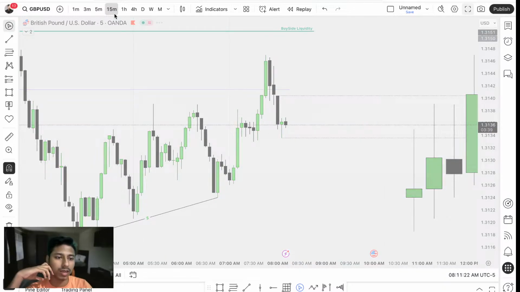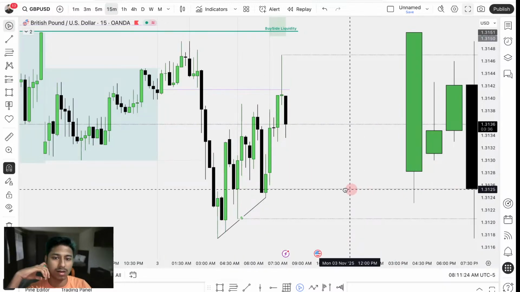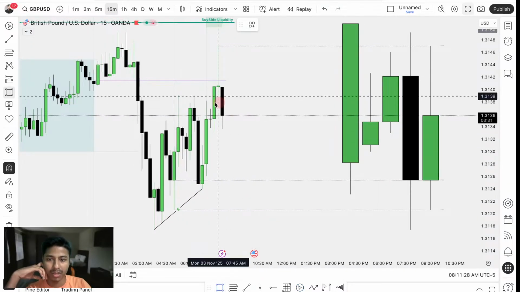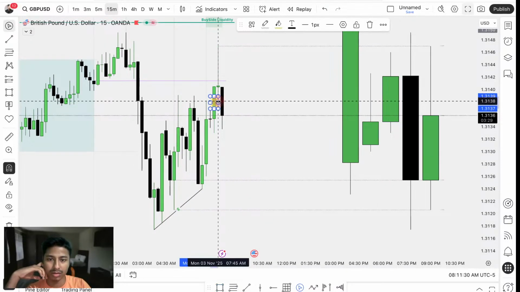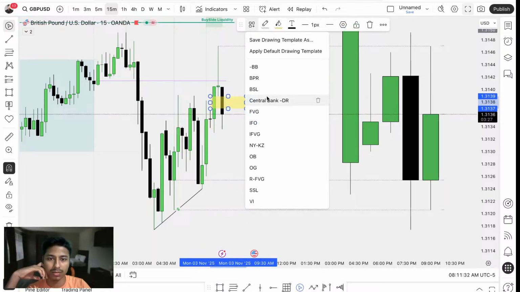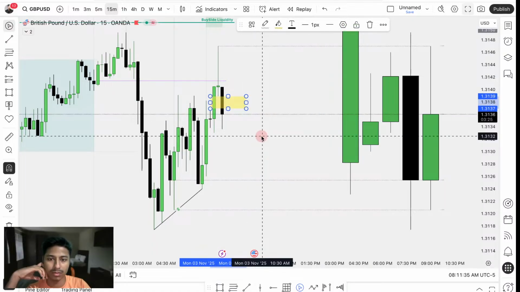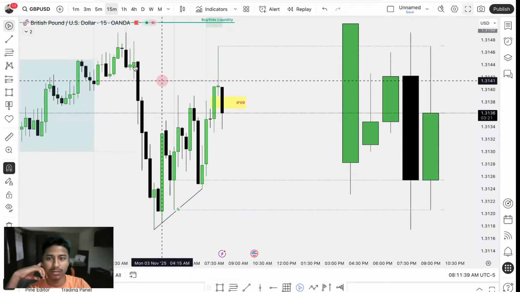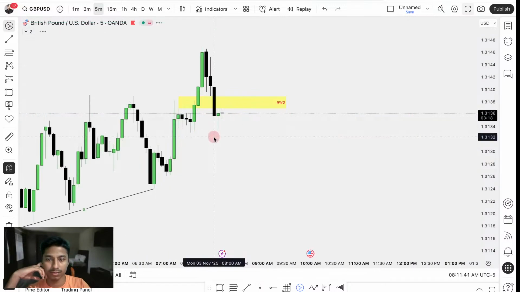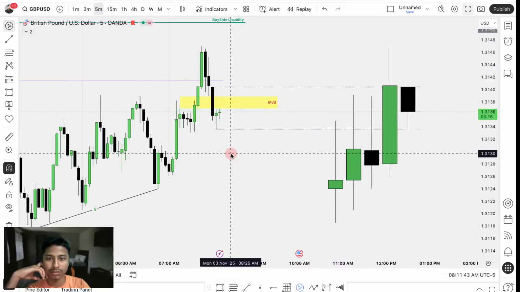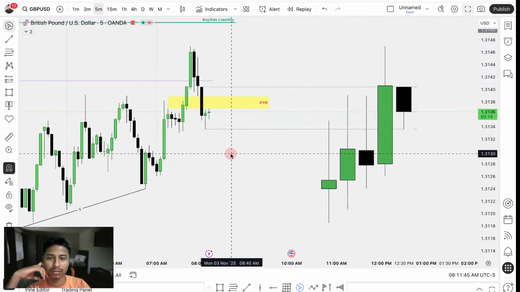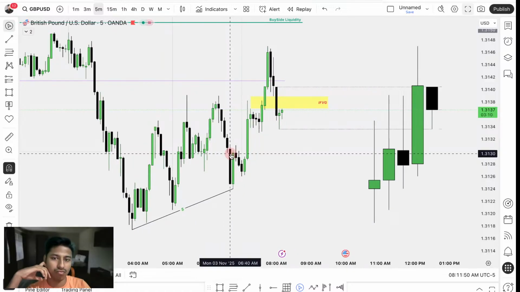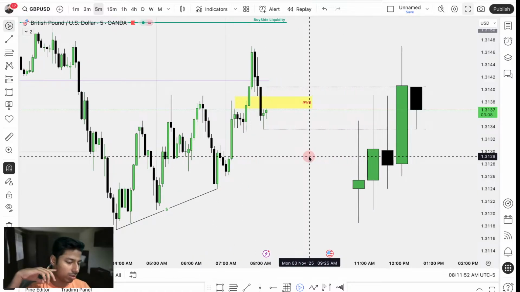Did it close the candle? No. Let me mark it. It's not looking ideal.